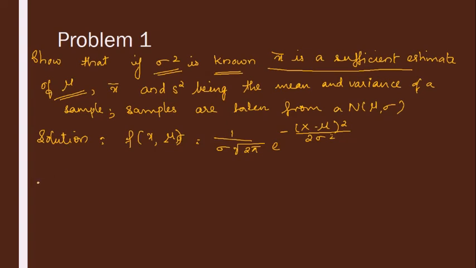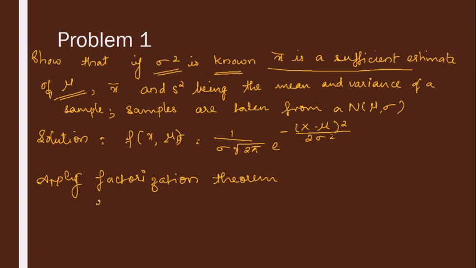Now we are going to apply the factorization theorem. What is our aim? Our aim is to find whether we can represent this likelihood function in terms of two functions: one function which has the statistic and the parameter, and another function which should be independent of the parameter.